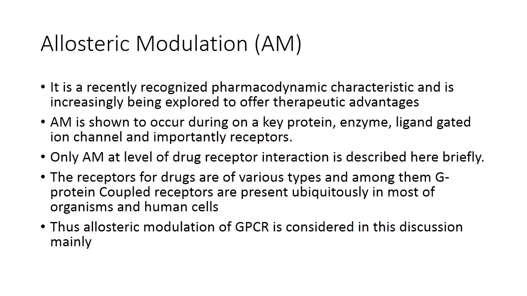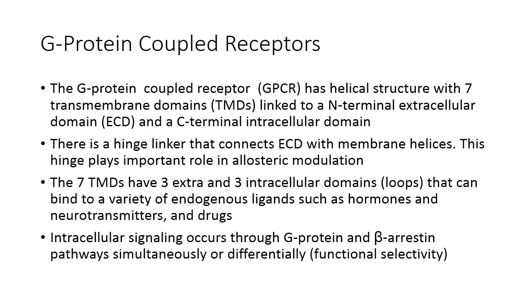The receptors for drugs are of various types, as we all know, and among them G-protein coupled receptors are present ubiquitously in most of the organisms and tissues, including human cells. Thus, I will be discussing just the allosteric modulation of G-protein coupled receptors.